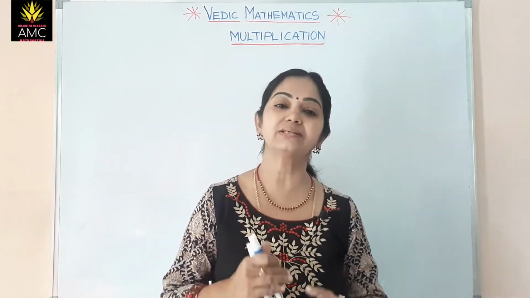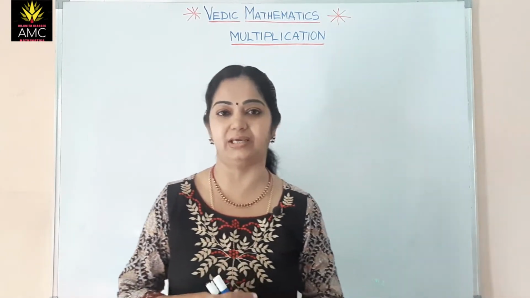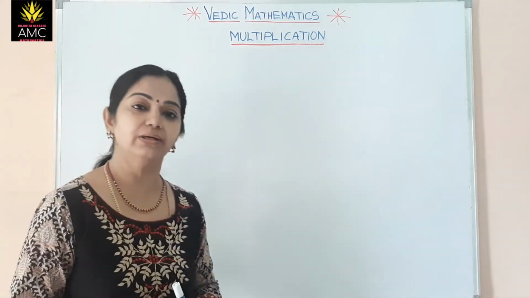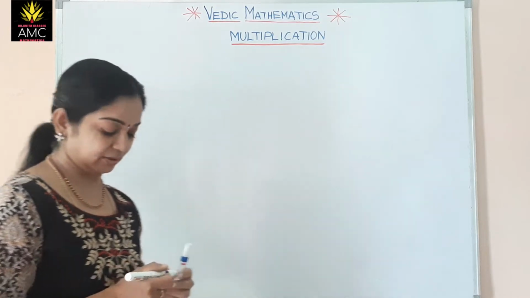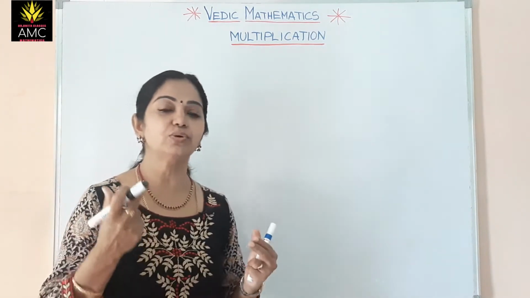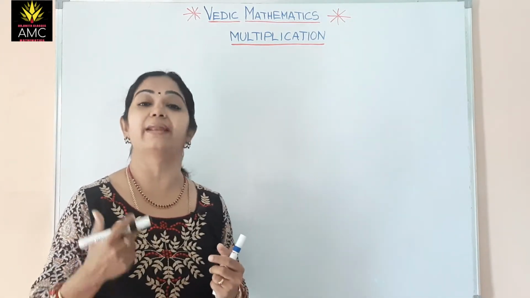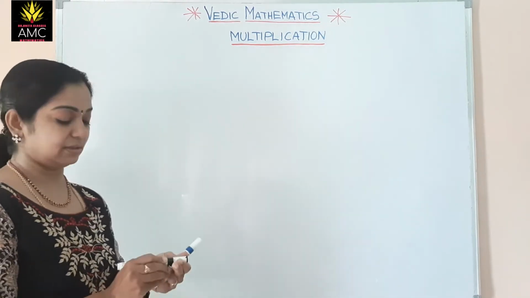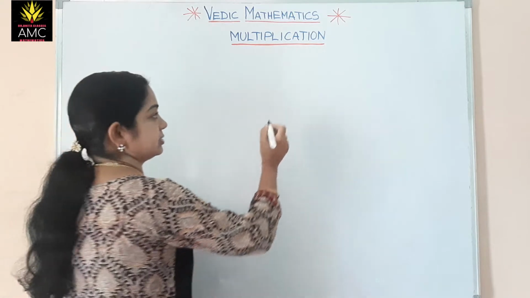Right. Now, in a series of Vedic mathematics techniques, today in multiplication, we are going to look at the general technique. Any two-digit number multiplied with another two-digit number, how we will multiply it within a few seconds, I would like to tell you.